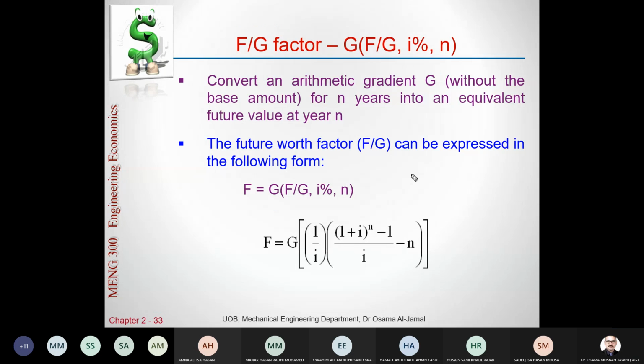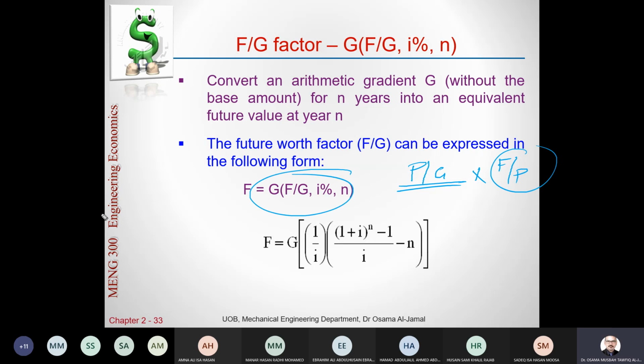You have the P given G. If you multiply this by F given P, this will give you that part, just canceling those two together, so it's F given G. After finding the present worth for that gradient, you can shift it to the future by multiplying by F given P. What is the formula for F given P?